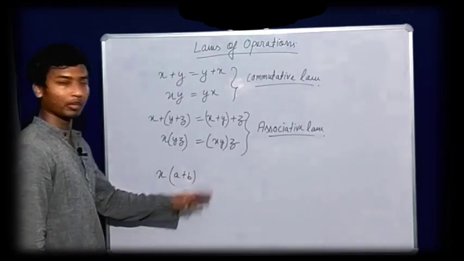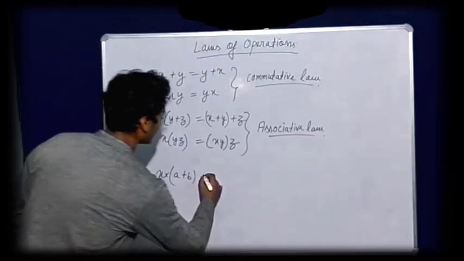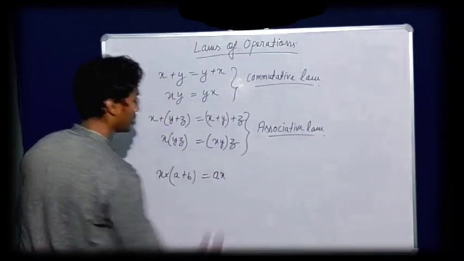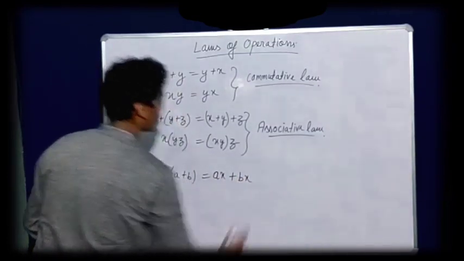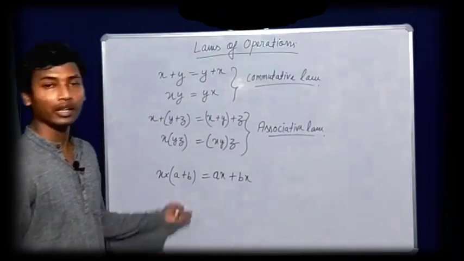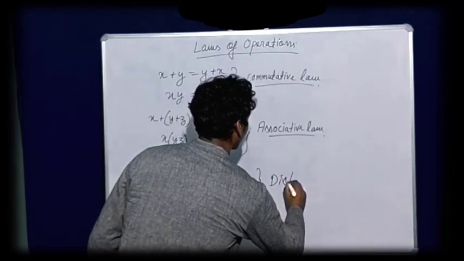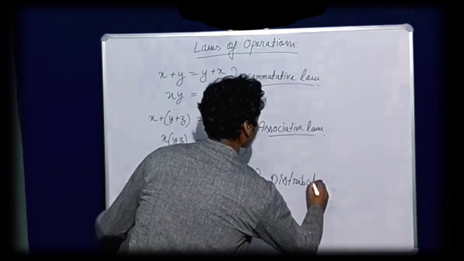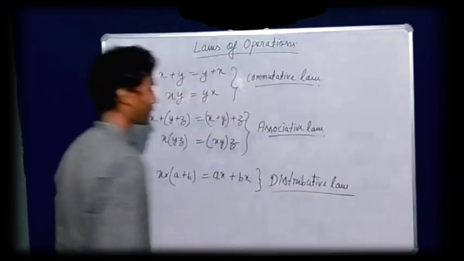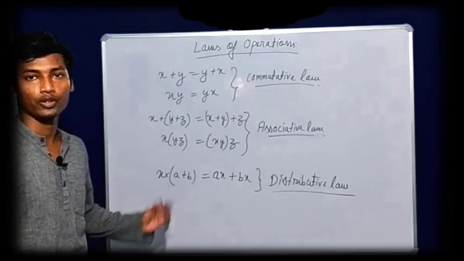So x is multiplied by a plus b, okay, is equal to ax plus bx. So a will be multiplied with x and b will be multiplied with x, it means the same thing. So this is the distributive law. Clear with the laws of operations?